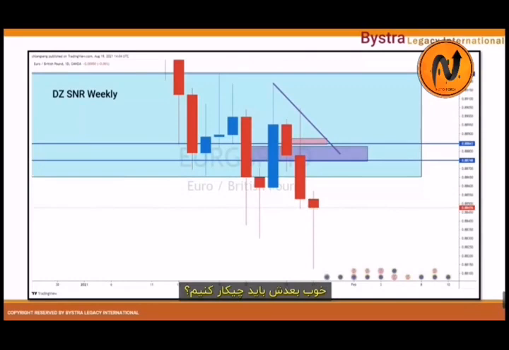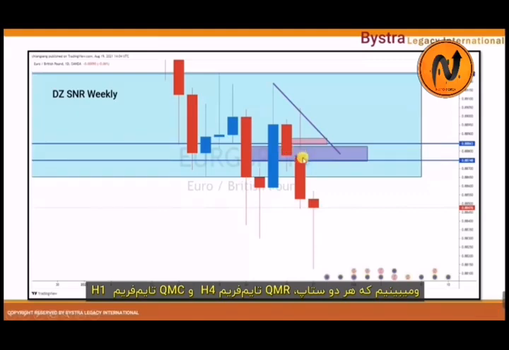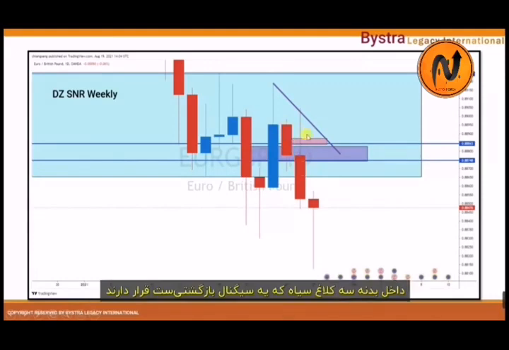Next, what should we do? We should look for confirmation at the higher time frame. So we come back to the daily time frame. We can see that both setups, the QMR H4 and the QMC H1 setup, are at the body of the three black crows, which is the reversal signal.